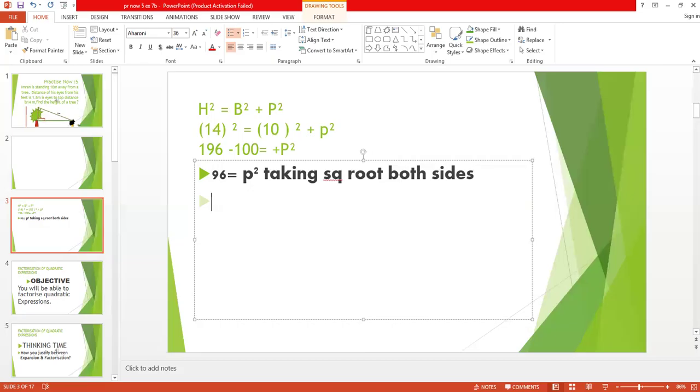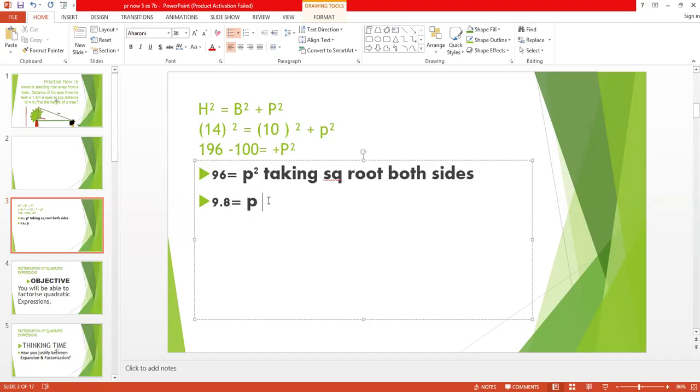Wait. Okay, yeah, that one is 9.8. 9.79 means 9.8, you have to round off. I have to write the exact value, that is 9.79, which is equal to the perpendicular. But here, what shall we do? We have to change it to the nearest digit, so we write here 9.8.